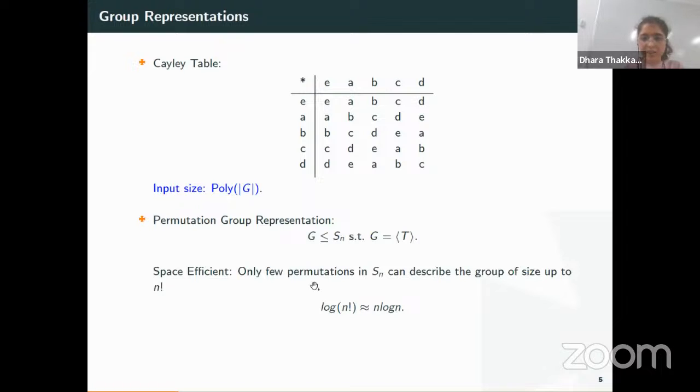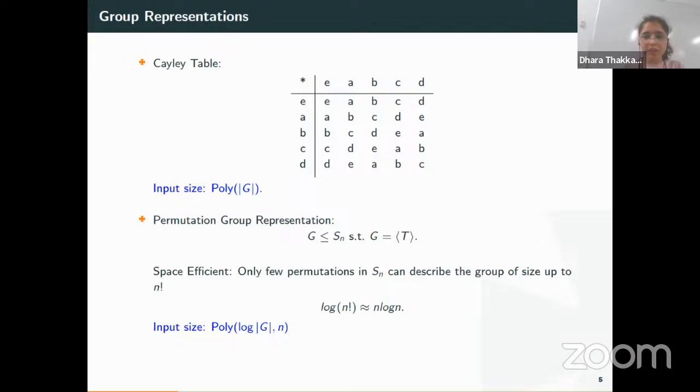So the group could have n factorial size, but the generating set that represents it has just size polynomial in n log n. This permutation group representation is more space efficient and it is more general than the Cayley table representation. And here the input size is polynomial in log |G| and n. From now on, we will consider the Cayley table representation, and later we will consider the permutation group representation.